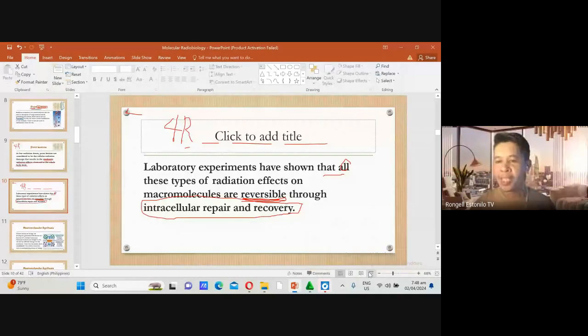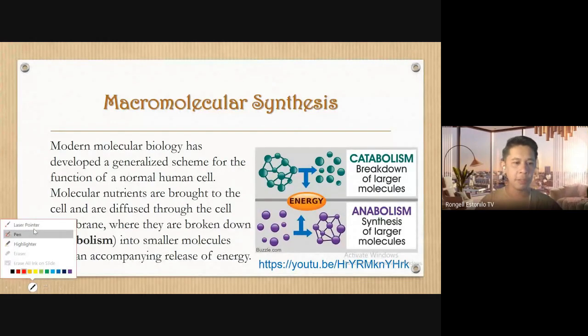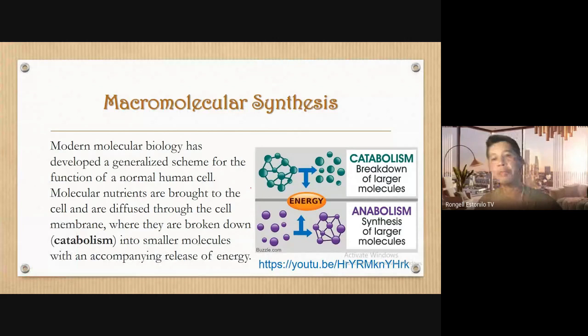So, let's continue. So, we have the macromolecular synthesis. So, di ba, alam naman natin noon that when we say synthesis, isang cell, before it can undergo mitosis or meiosis, kailangan ma-synthesize muna natin.